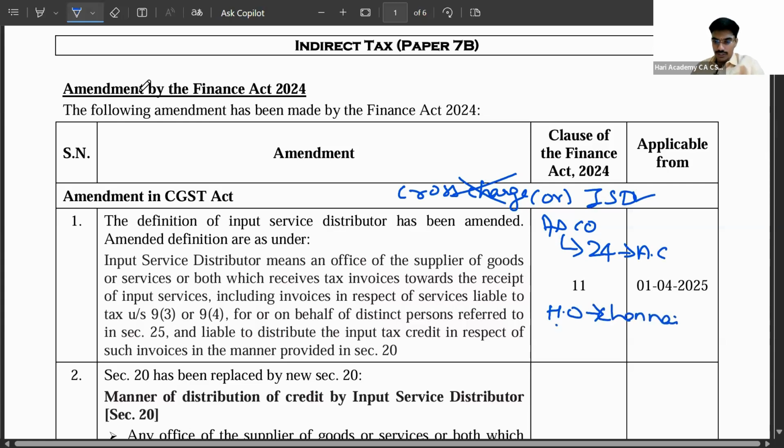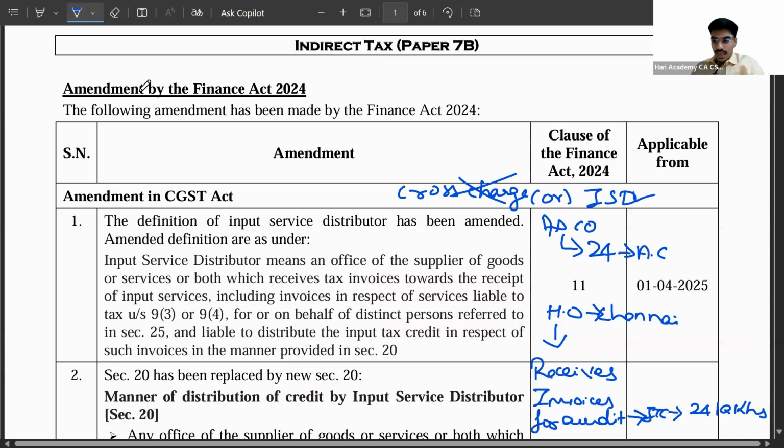And this head office receives invoices for audit. So the ITC component which is involved, for example purpose, assume say it is 24 lakhs.